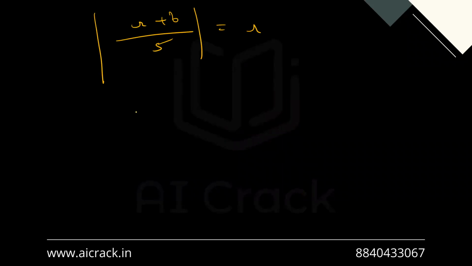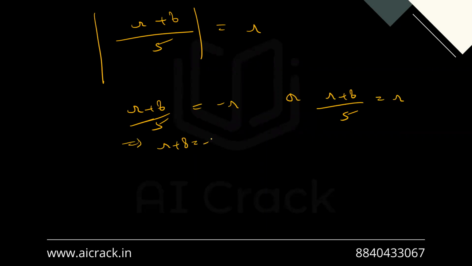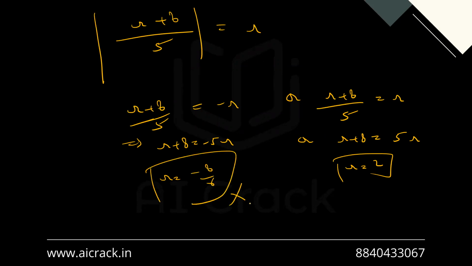Now if you open it with two signs, you'll be getting r plus 8 divided by 5 equals to minus r, or r plus 8 divided by 5 equals to r. That becomes r plus 8 equals to minus 5r, or r plus 8 equals to 5r, right? Now this would give me r equals to 2 over here, and this would give me r equals to minus 8 by 6. And that's not possible because r is a positive number. Okay, r is the radius and that's a positive number. So that's not possible. R equals to 2 is the correct answer.